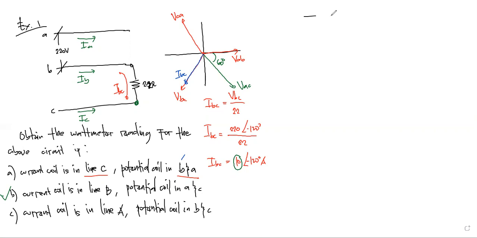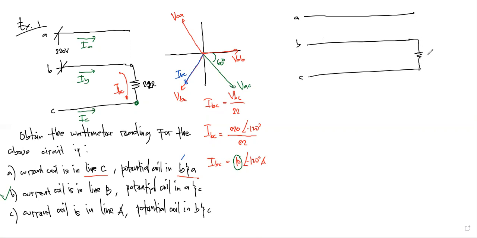So that would be line A, line B, and line C. So this would be A, B, and C. And then the load is indicated, 22 ohms. So that's 220, so the magnitude of the voltage line to line is 220 volts.